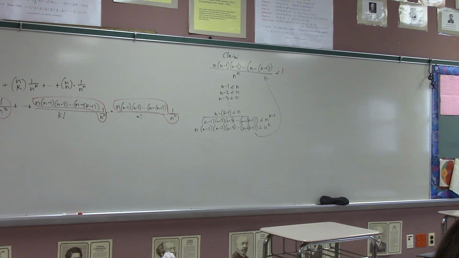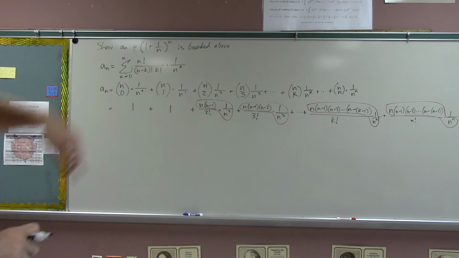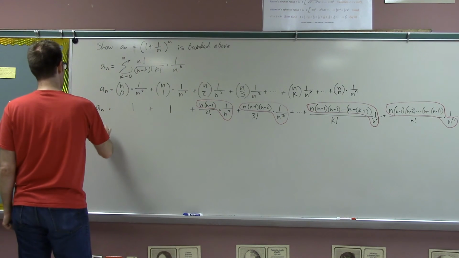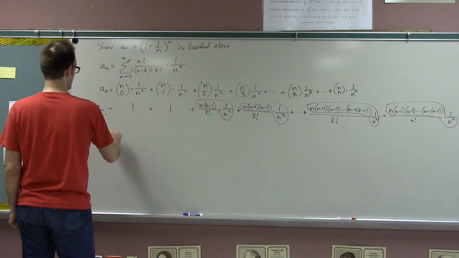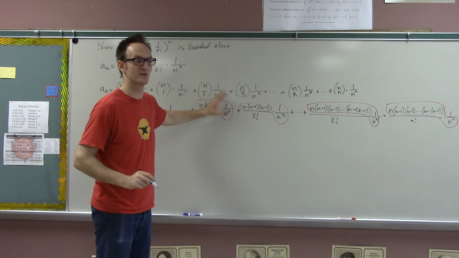Alright, so back to over here. So now common sense indicates that all that red stuff is less than 1. So if this is an expression for a sub n, I now claim that a sub n is less than, and what I'm going to do is replace each of these with just 1.